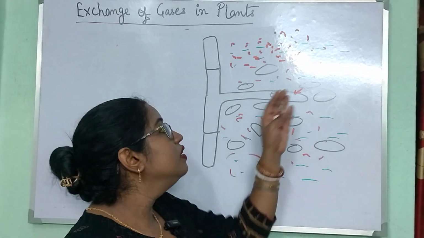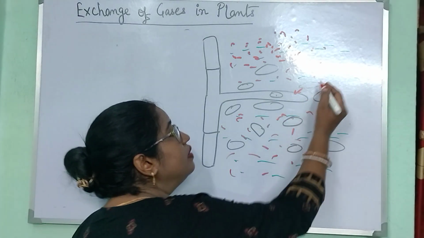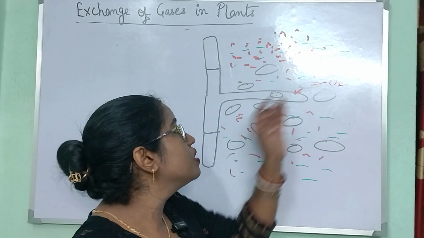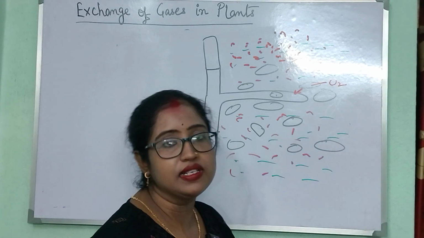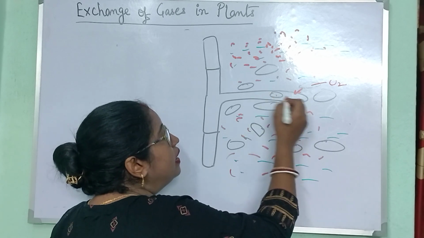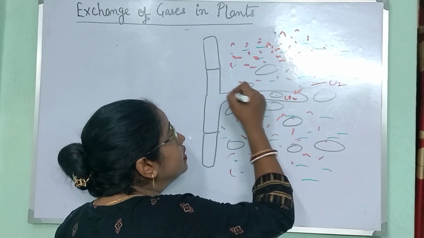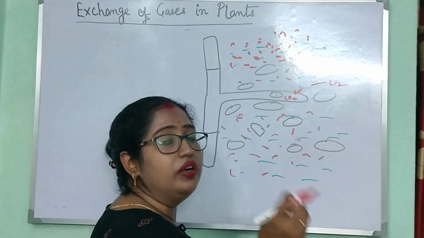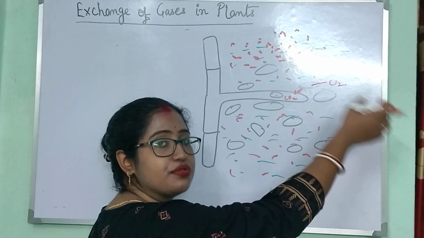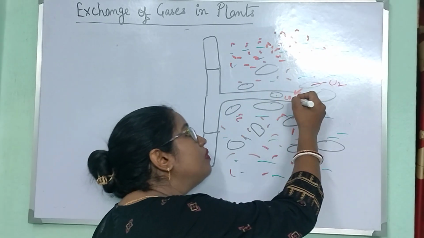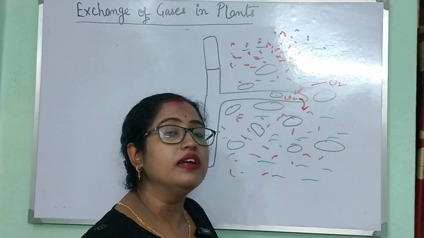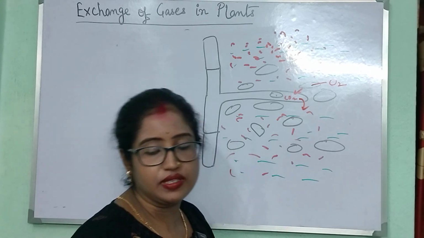So that is why the oxygen present in this air sacs simply diffuses into the root hair cells. Another thing is the carbon dioxide that should be eliminated from these cells simply diffuses out into the soil via this simple diffusion process.